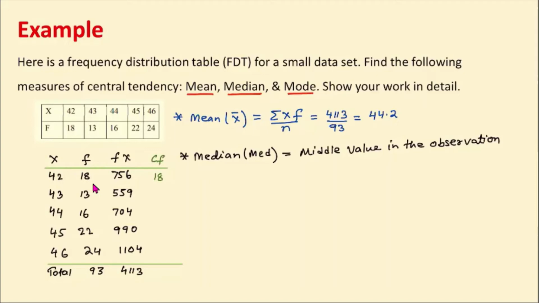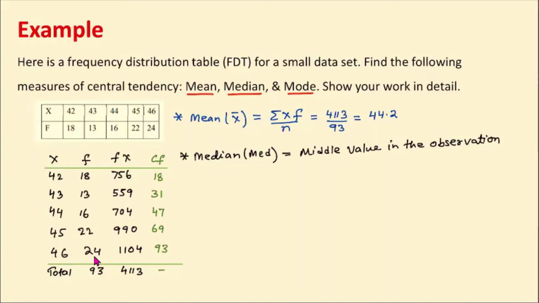The next one is 18 plus 13, that will be 31. 18 plus 13 plus 16 will be 47. 18 plus 13 plus 16 plus 22 is 69. And then 18 plus 13 plus 16 plus 22 plus 24 is 93.